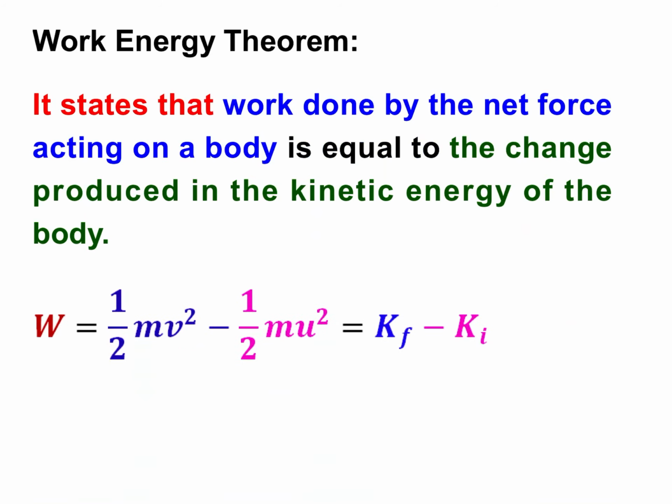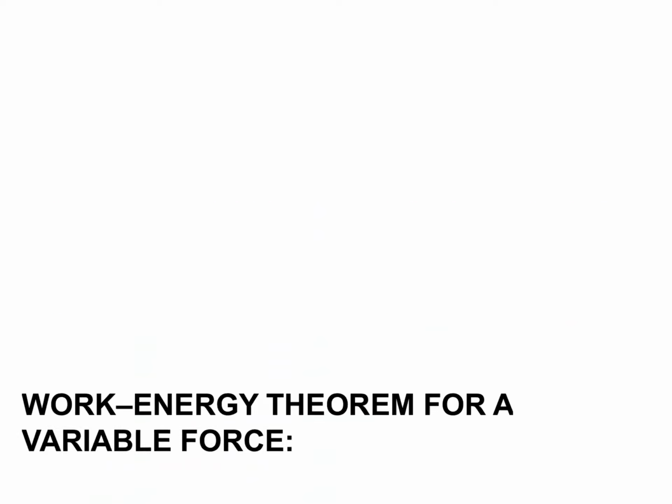Its formula is W is equal to half mv square minus half mu square. Half mv square is the final kinetic energy and half mu square is the initial kinetic energy. So we can say work done W is equal to delta K, the change in kinetic energy of the body. This is called the work energy theorem.